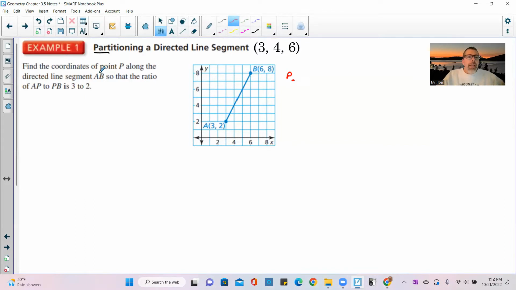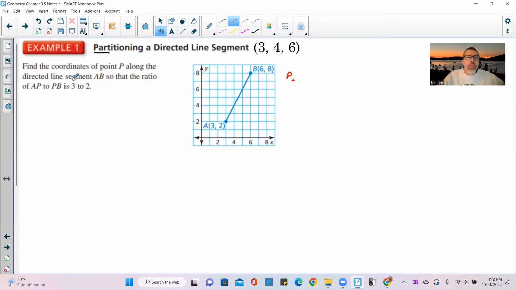It says P is along the line segment AB so that the ratio of the distance from A to P to PB is 3 to 2. So AP from A to P, and then from P on to B takes us to the other end.